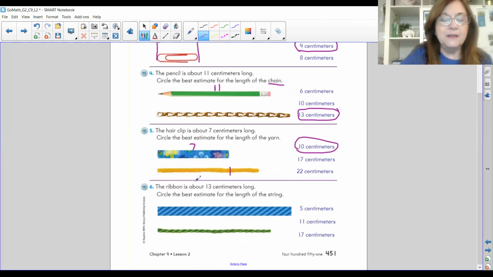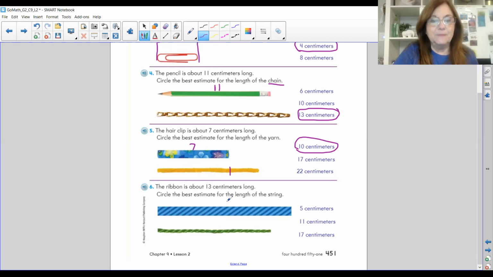And moving down to this ribbon is about 13 centimeters long. Now I write the length of the objects above them just to help me remember how long that object is. That's 13 centimeters. And this green yarn below, or the string, is it longer or shorter than the blue ribbon? Yes, it is shorter. So we want a number that is less than 13. Now 5 centimeters is less than 13, but 5 centimeters I think is shorter than this ribbon.